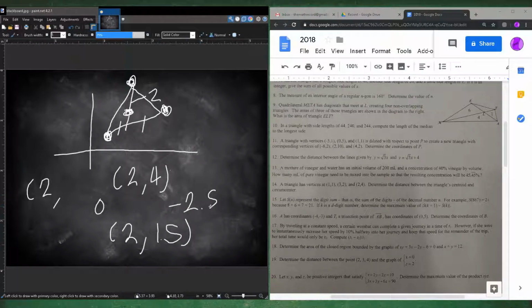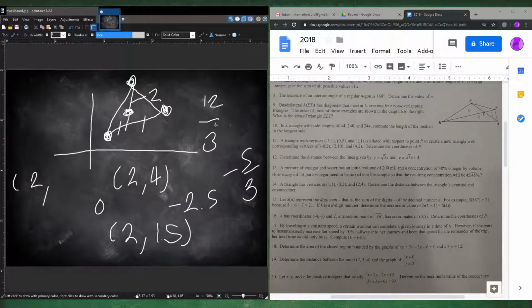Now 2/3 of negative 2.5, we will write that as negative 5 over 2, and we have to take 2/3 of that. That's negative 5 over 3. So basically, we have to make a change of negative 5 over 3 from 4. 4 is the same thing as 12 over 3.